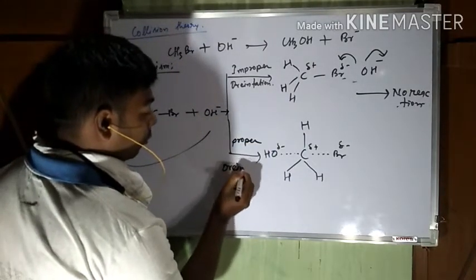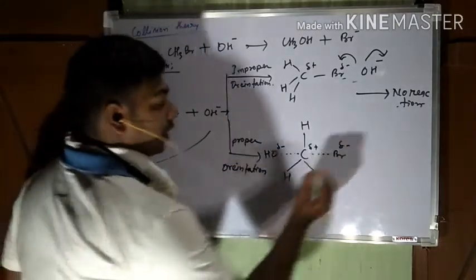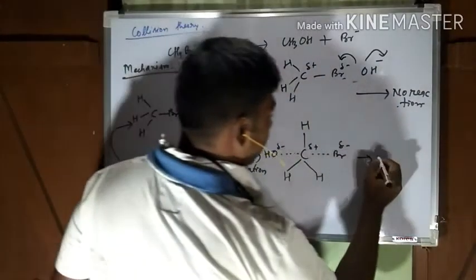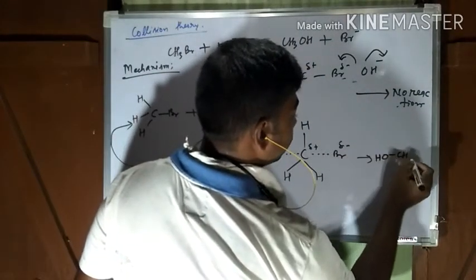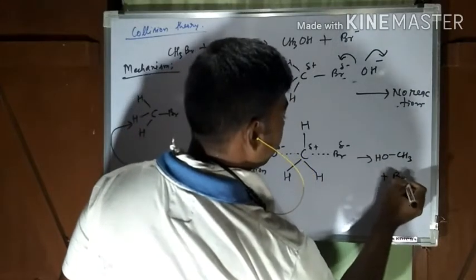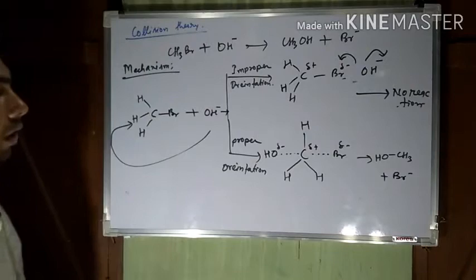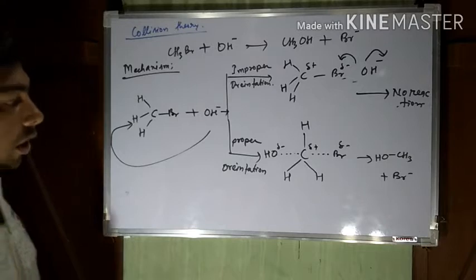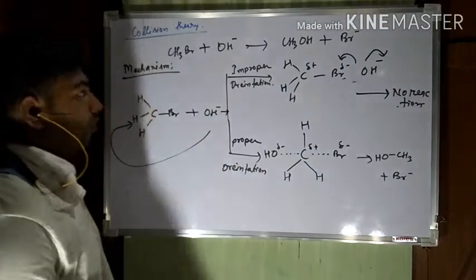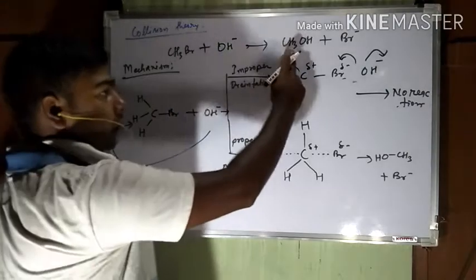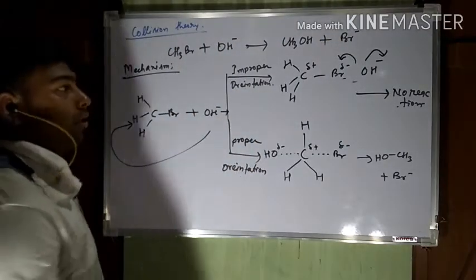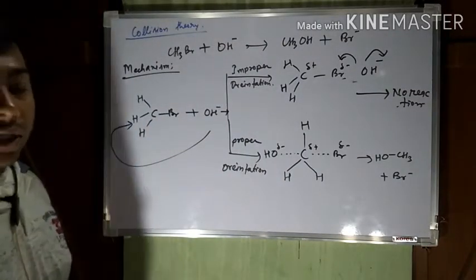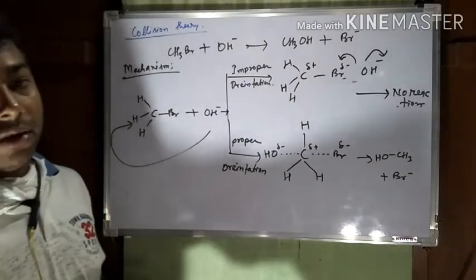Finally, this bond breaks and this bond forms, and we get CH3OH plus Br negative. This is called the proper orientation, and this is called the improper orientation. Via the proper orientation, from these two reactants we get the products methanol and bromide. But if the reaction proceeds in the improper orientation, then we cannot obtain our desired product.